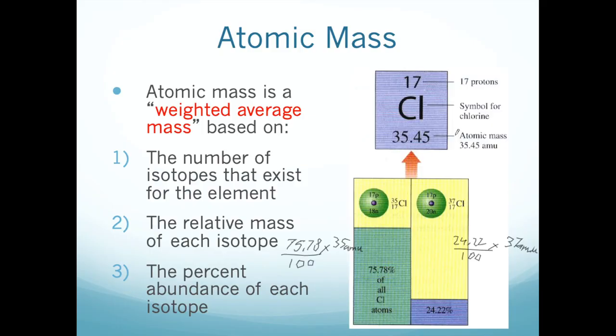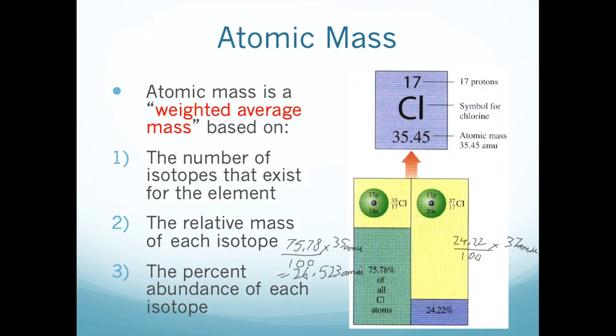Okay? So let me try that calculation out, and I can show that to you. If we take 75.78 divided by 100, or 0.7578, times 35, we would get 26.523 atomic mass units.